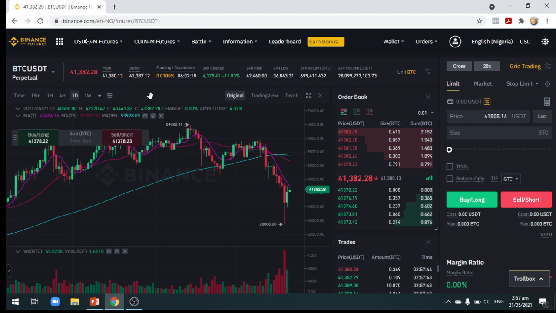Whereas in futures trading, you're not buying the underlying asset. Rather, you're taking a position on the price movement. You're speculating that the price of Bitcoin is going to rise, and when it rises, you make a profit based on that position. If you're selling, you are saying that the price of Bitcoin is going to drop, and as long as it continues to drop, you are making profit.